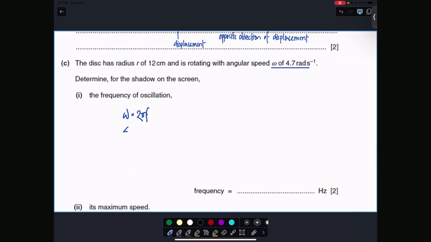Omega is 4.7 equals 2 pi f. So f equals 4.7 divided by 2 pi. How much is it? 0.075.